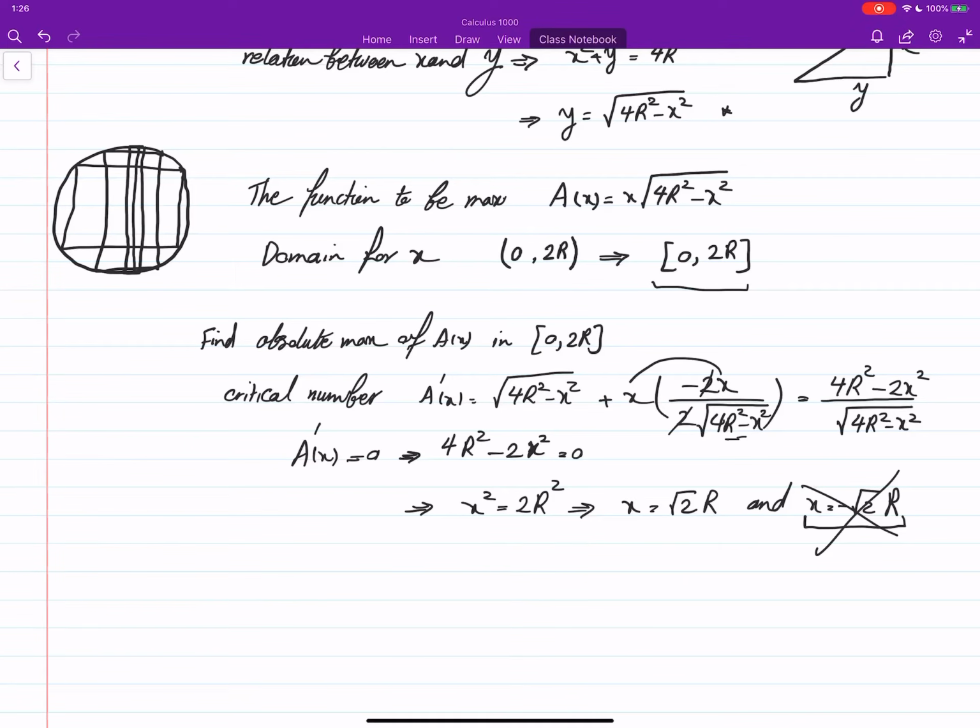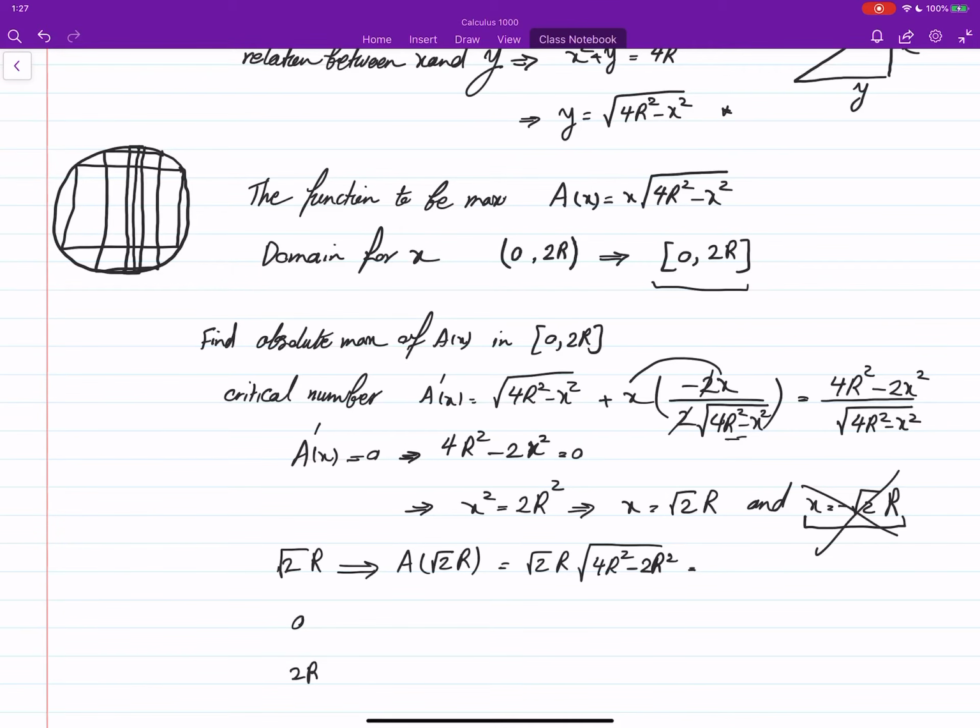So we have one critical number in the interval, 2 endpoints, and we plug in those values. A at root 2 r is going to be equal to root 2 r times the square root of 4r squared minus root 2 r squared, the whole thing, this will be 2r squared.